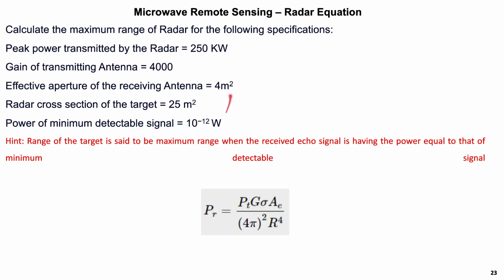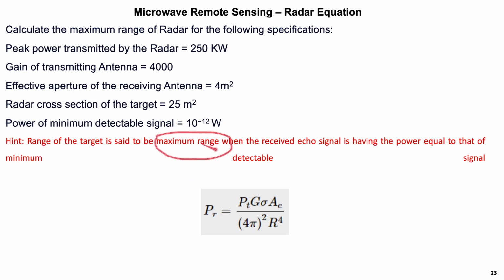So it is like n number of times lower than your input power. So this is one of the disadvantages where you need to have a very high input power source to get a detectable signal, and all the other parameters are given. So we need to find out what is the maximum range.